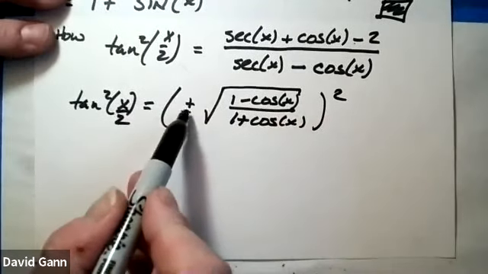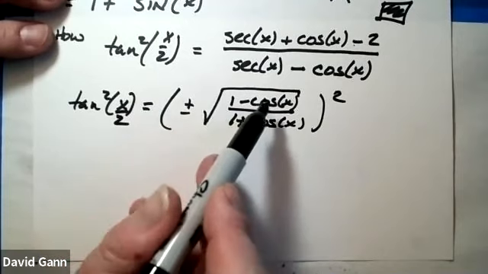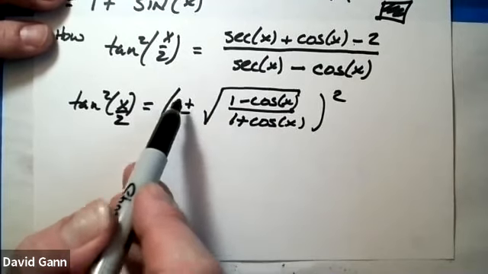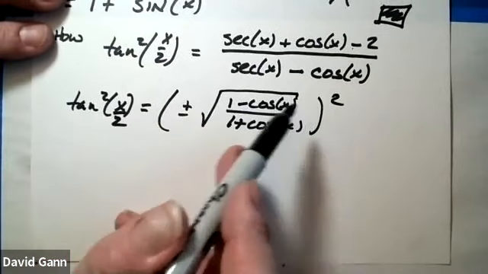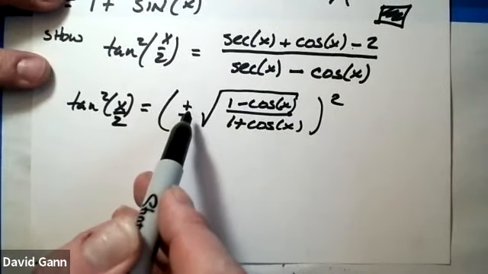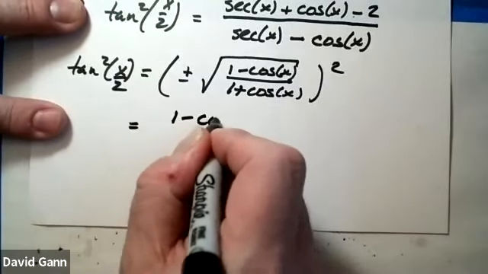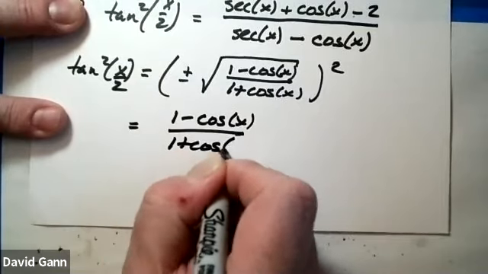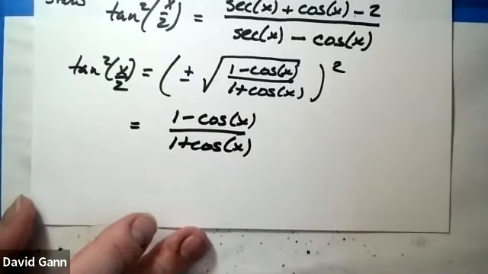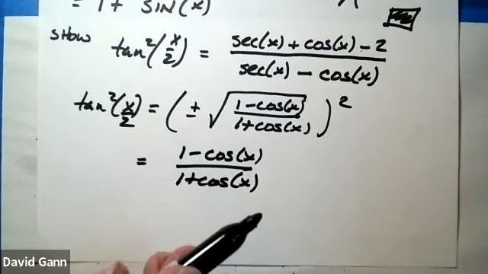And since it's quantity squared, in some sense this will cancel out with this radical, and regardless of whether this was plus or minus, when you square it, it becomes positive, so that goes away. And what we're left with is just 1 minus cosine of x over 1 plus cosine of x. That's pretty slick.